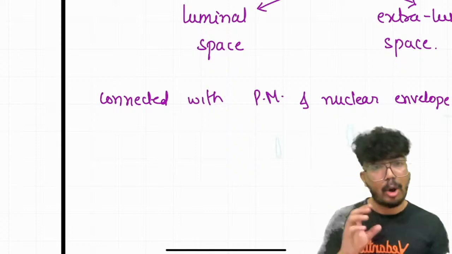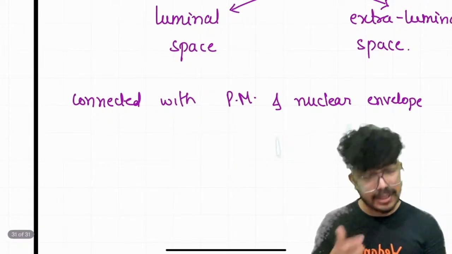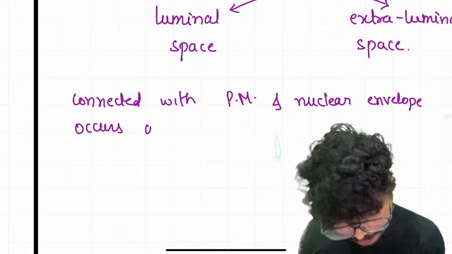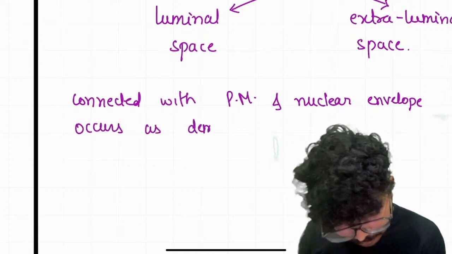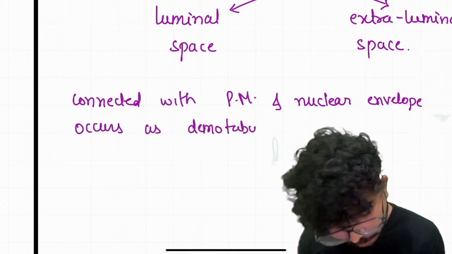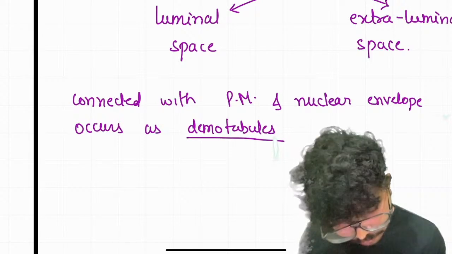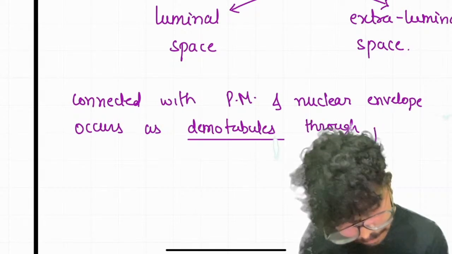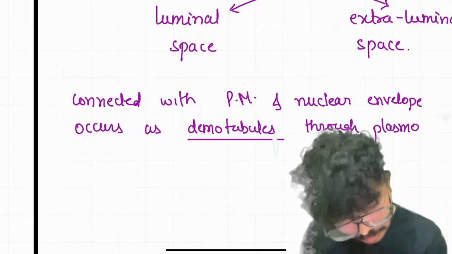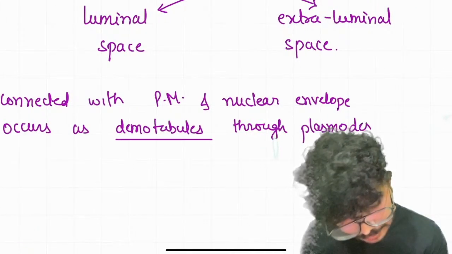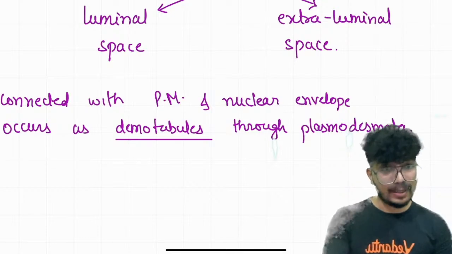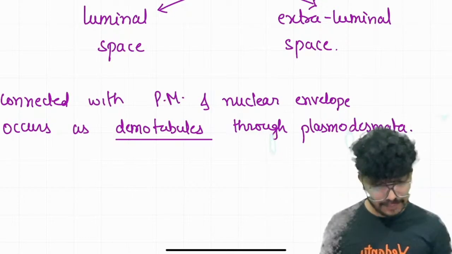The next is, it also occurs in the form of desmotubules through plasmodesmata. Correct? Easy to understand. I hope everything is clear till here.